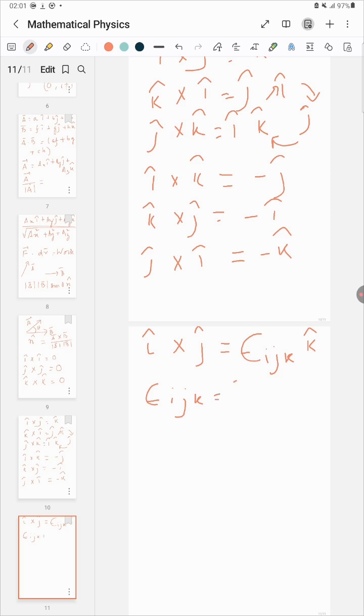Epsilon ijk gives a 1 if i, j, k are all different and cyclic. It gives minus 1 if i, j, k are all different and anticyclic, and it gives a value of 0 if i, j, k are not all different, that is, maybe i cap is repeating twice. So we basically get 9 components here.